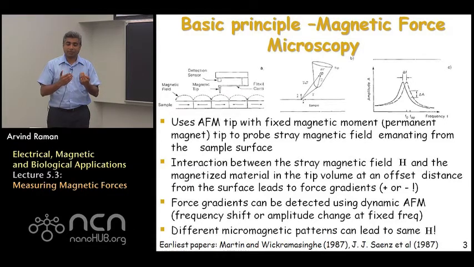But the second important thing about magnetic force microscopy is that even if one is able to back out the force gradients that cause the shift in frequency, there is not a unique one-to-one relationship between the measured magnetic field and the actual micromagnetic pattern on the surface. It turns out there are multiple patterns that can give you the same frequency shift or force gradients.